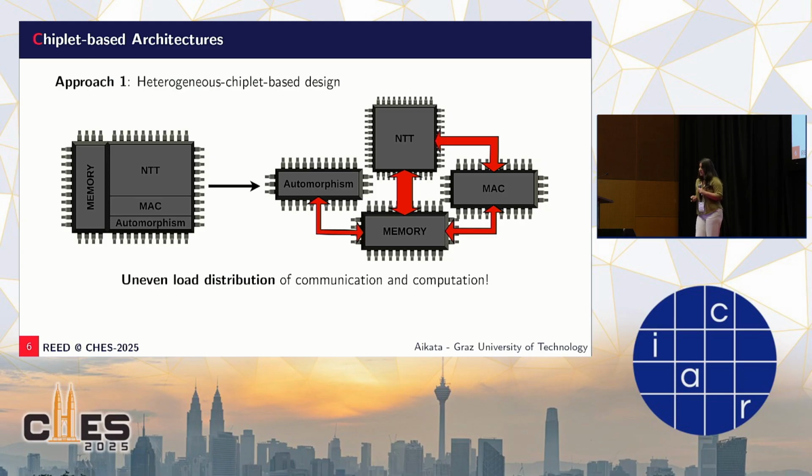But as you can see here, this is a heterogeneous chiplet-based design, and data and tasks are not evenly distributed across chiplets. In this case, the automorphism chiplet would be sitting idle most of the time, whereas NTT and MAC would be busy computing and communicating the whole time. And since inter-chiplet communication is slower than intra-chiplet communication, communication will become the main bottleneck in such designs.